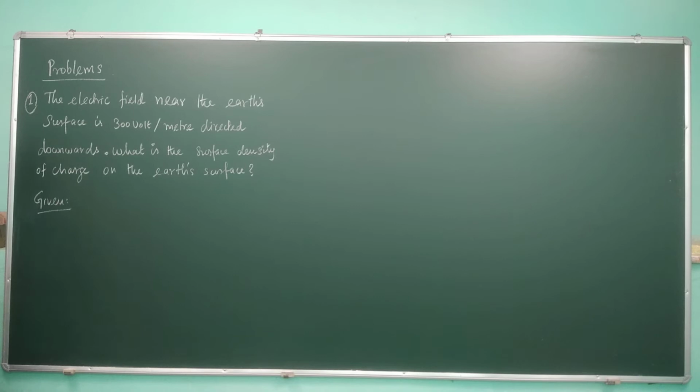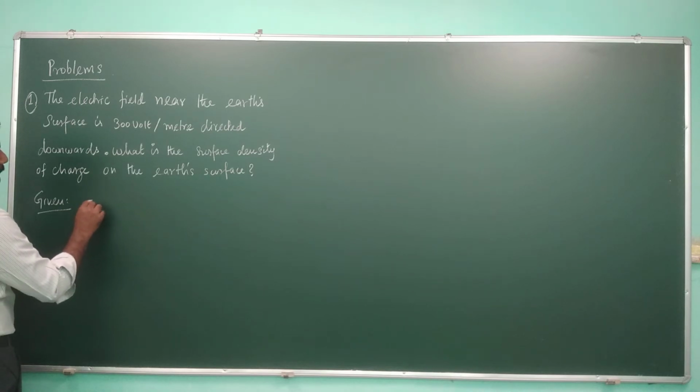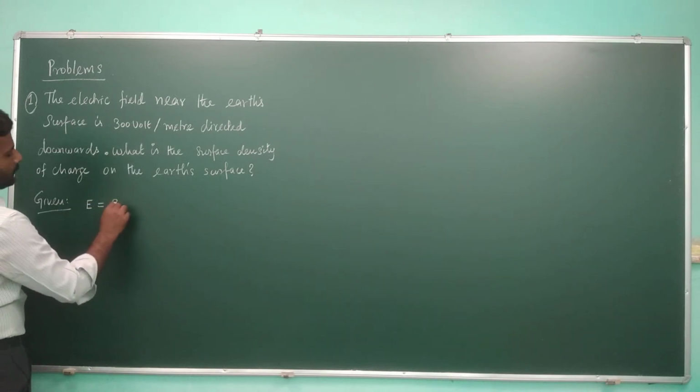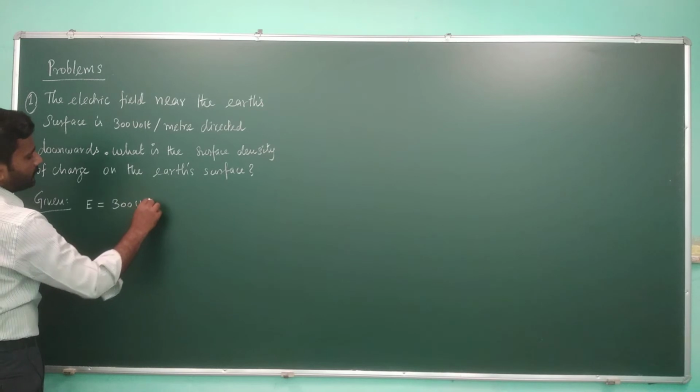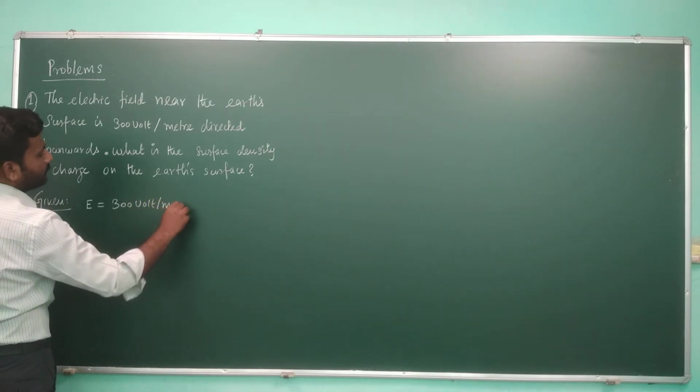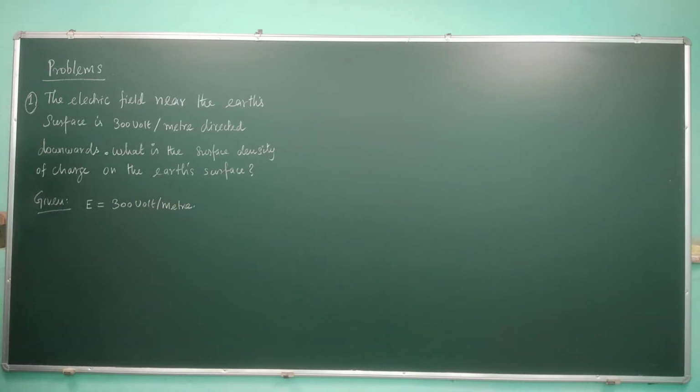Given is the electric field near the Earth's surface. Electric field E, which is given, is 300 volt per meter, and it is directed downwards.